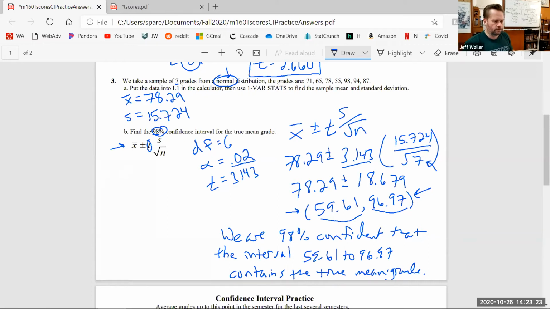Uh-oh. So small samples are much more likely to end up with a large error.